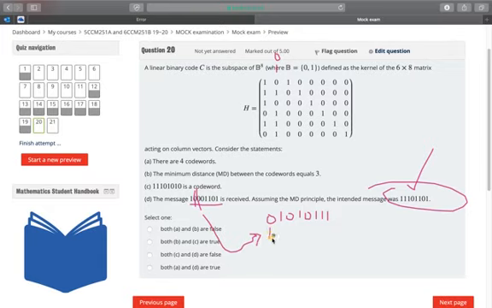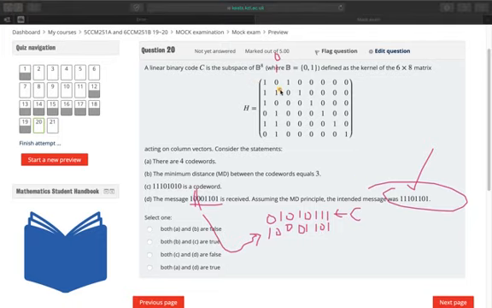Originally it was 1, 0, 0, 0, 1, 1, 0, 1. And to change this bottom one to the top one, I have to change 1, 2, 3, 4, 5 digits. So this is much closer than this code. This is in C. But this code word is much closer than that one, as will the other. It will also be closer than the other code word.